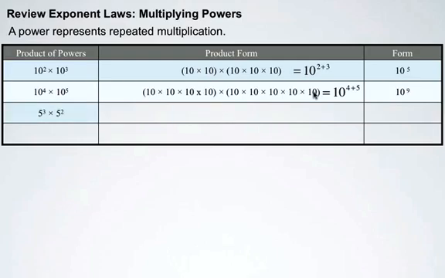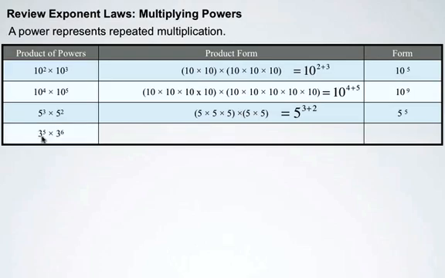How about 5 to the 3 times 5 to the 2? Here are the 3 5s multiplying together, and the 2 5s multiplying together, and these are multiplying together. So that's 5 to the 3 plus 2, which is 5 to the 5.